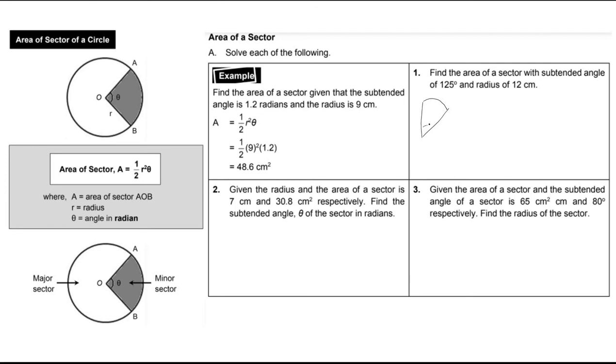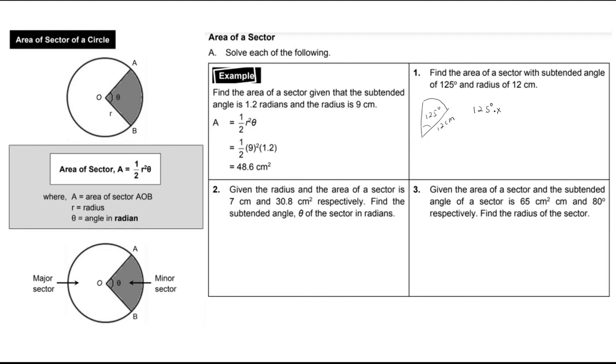The angle here is 125 degrees and the radius is 12 cm. We want to find the area. First, remember the angle must be in radians, but for this question the angle given is in degrees. So we must convert 125 degrees into radians.